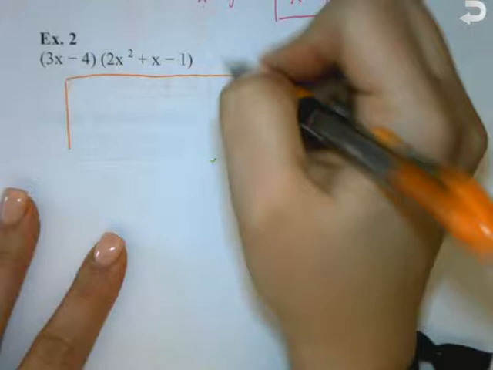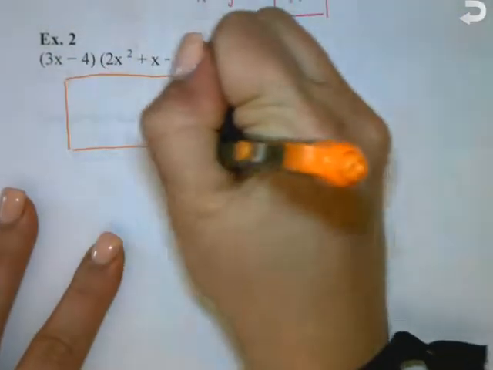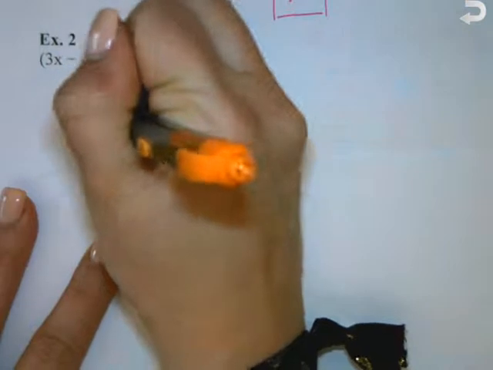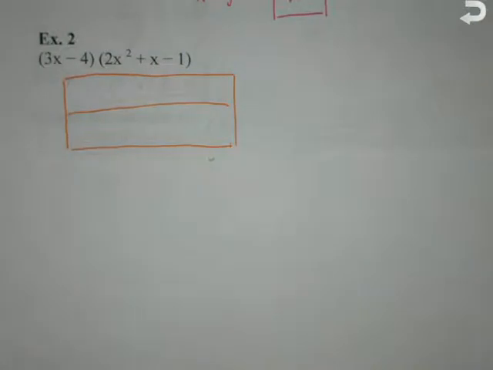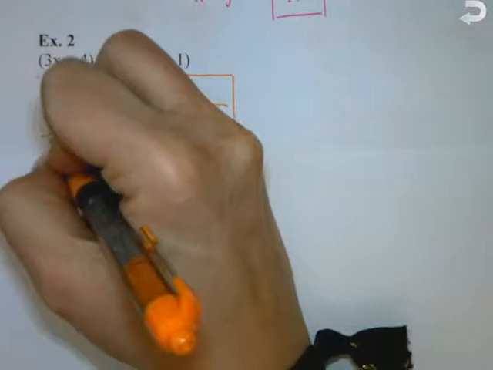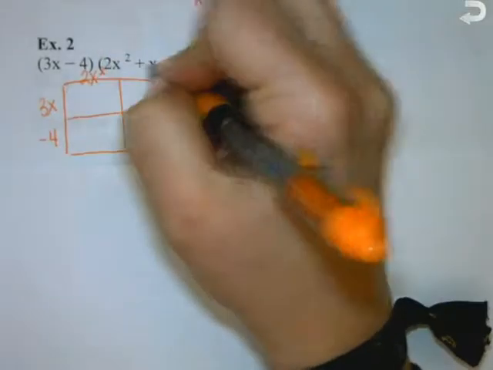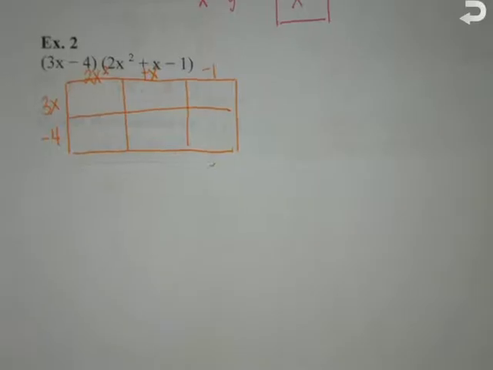This is going to be a 2 by 3 box. Okay, so a 2 by 3. So this is going to be 3x minus 4 on the side, and 2x squared plus x minus 1 along the top. And then we just multiply.